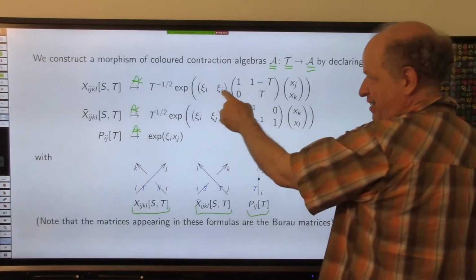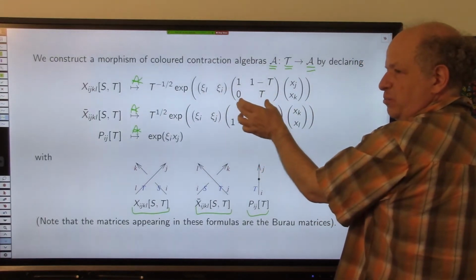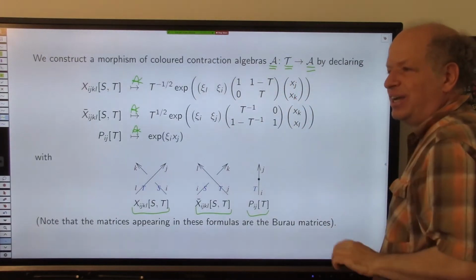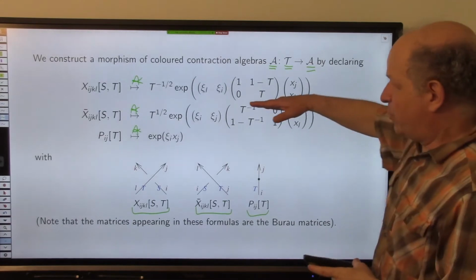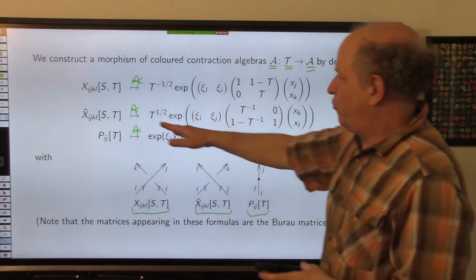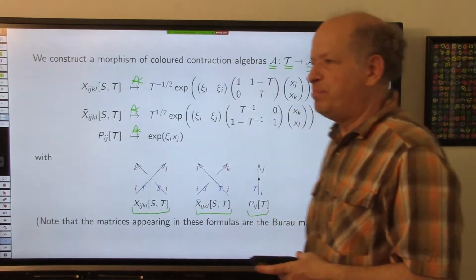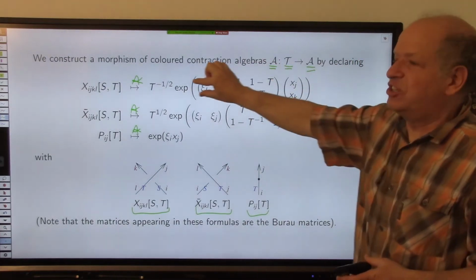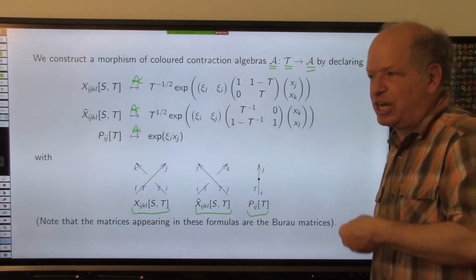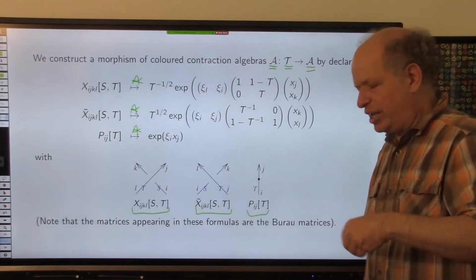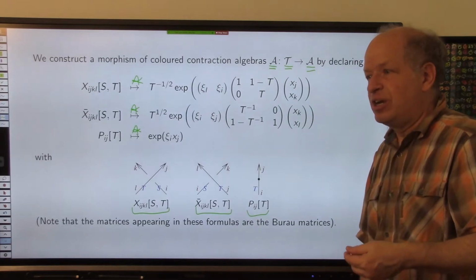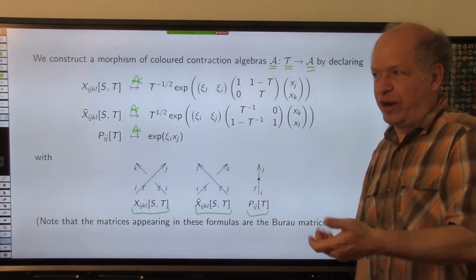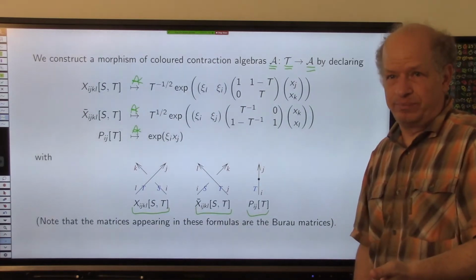So psi L psi I multiplied by the matrix 1, 1 minus t, 0 t, psi j, psi k. And there is a similar definition for the other bits. This is, by the way, I'm writing it as if it's complicated, but exponentials in exterior algebras are finite sums, because at some point variables will repeat and you will get 0.